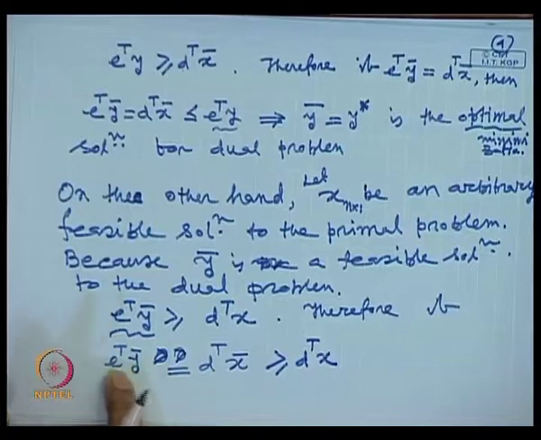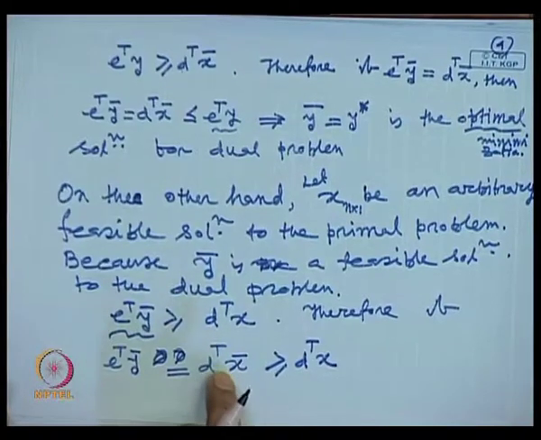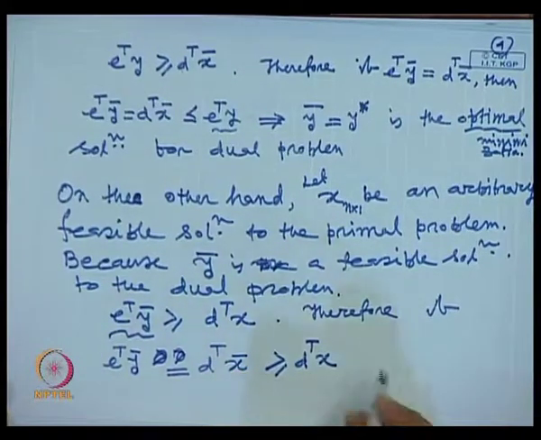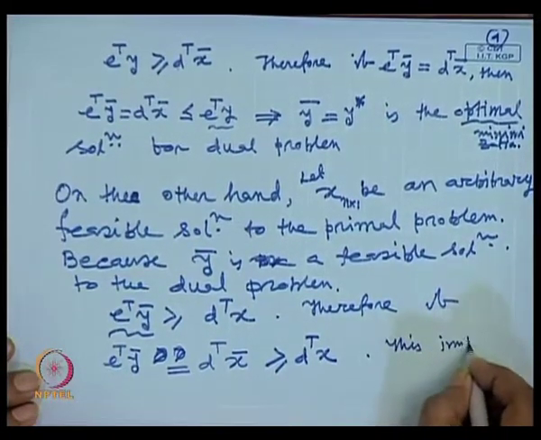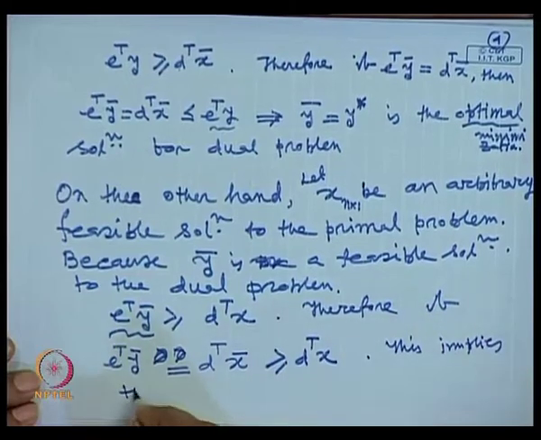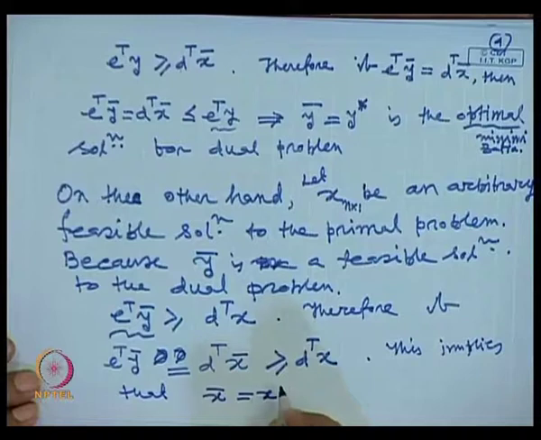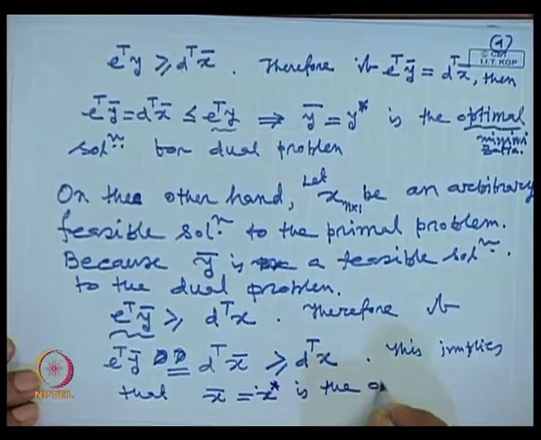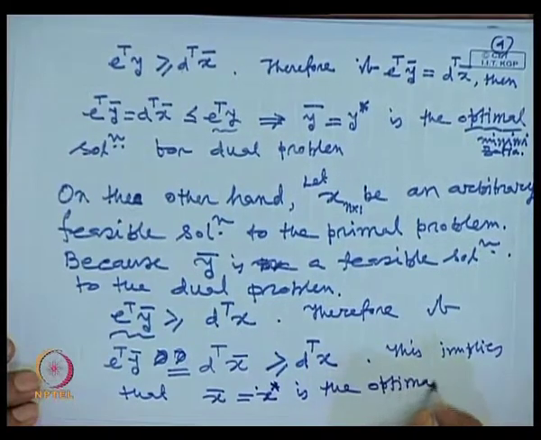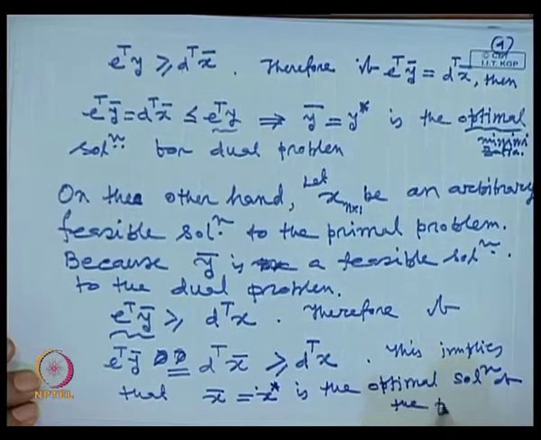And since the E transpose y bar value is greater than or equal to D transpose x, this implies that x bar is equal to x star, the optimal solution of the primal problem.